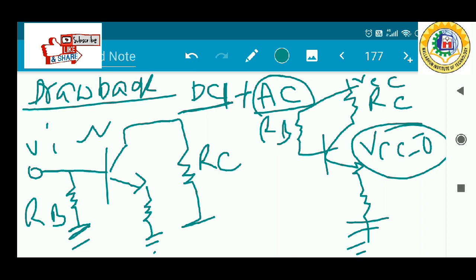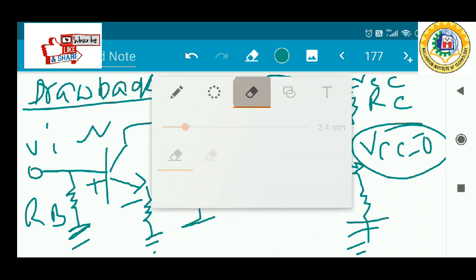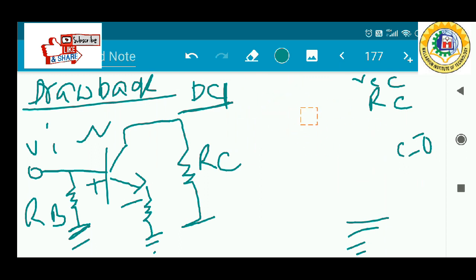Now what happens in the AC equivalent of this circuit: your VB, the actual VB that is inputting, this is your VB. I'm just removing this; hope you understand how to get the AC equivalent.